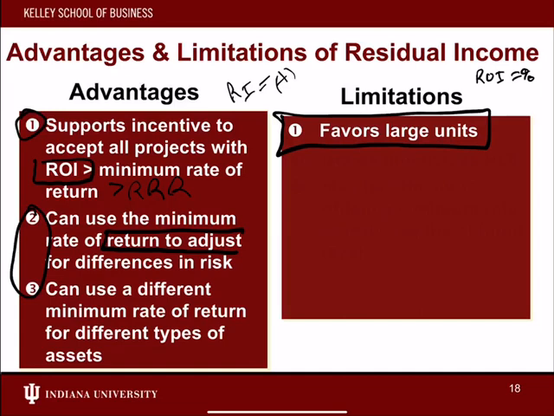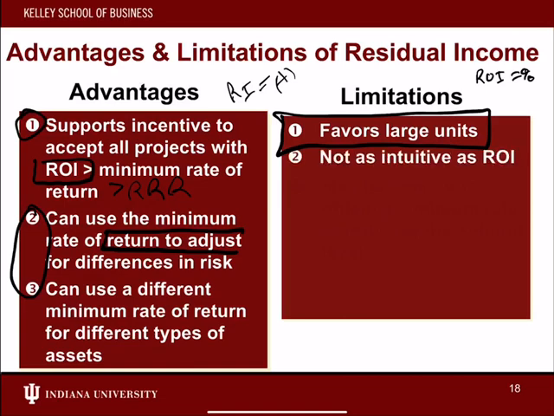So in general, residual income is not as great for comparing across companies or across units or divisions because it's not a percentage, so it's not quite as comparable. But it's still very good for incentivizing individual divisions to increase that division's residual income.